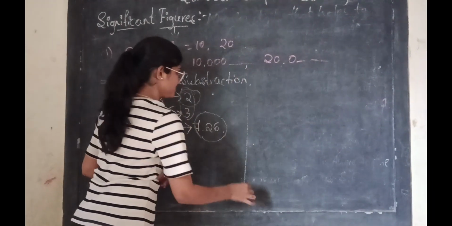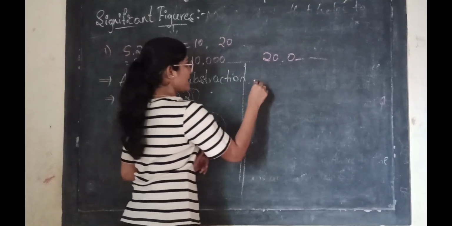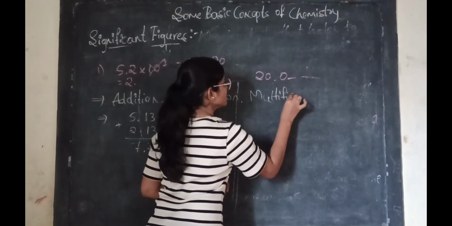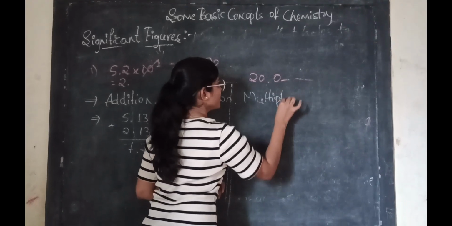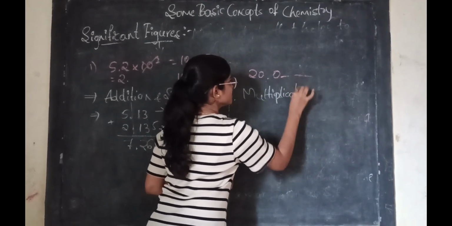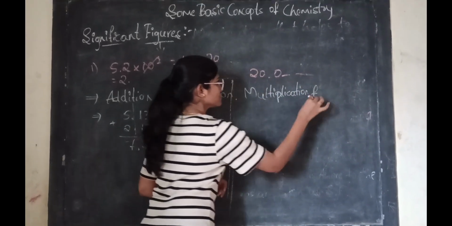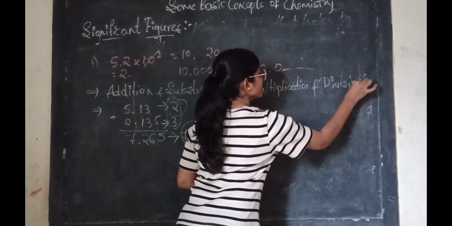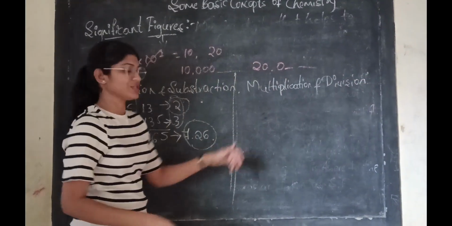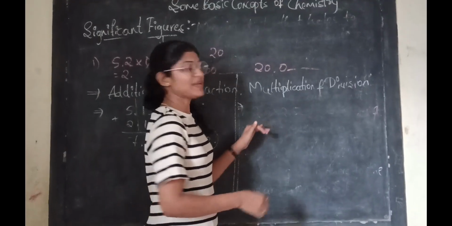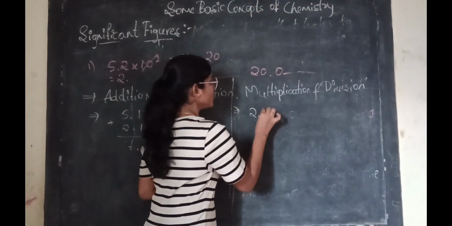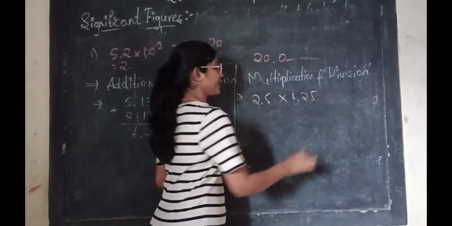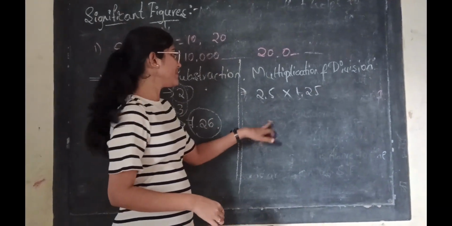Next we move to multiplication and division. For example, we take 2.5 multiplied by 1.25.